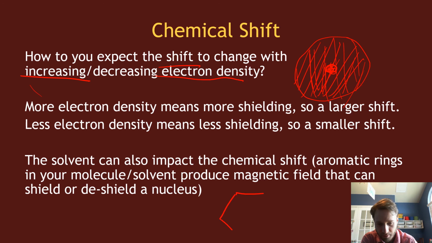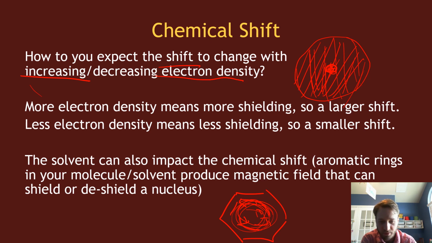If I imagine I have a benzene ring, you can imagine the electrons in this benzene ring circling around the ring, going around and around. That circular motion of the electrons generates a magnetic field, because moving charges generate a magnetic field.